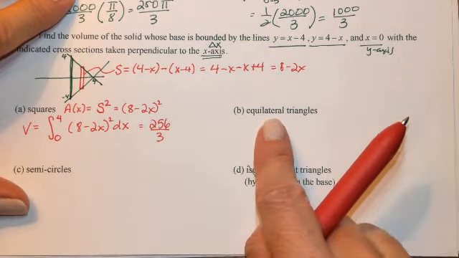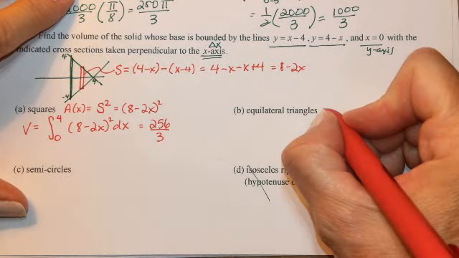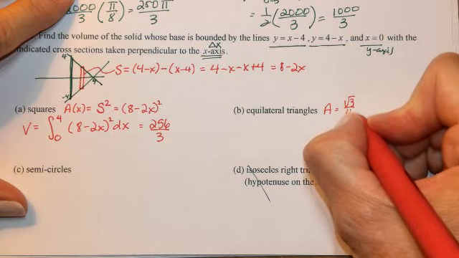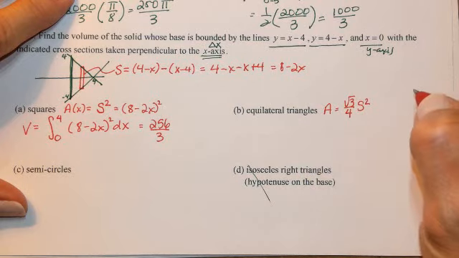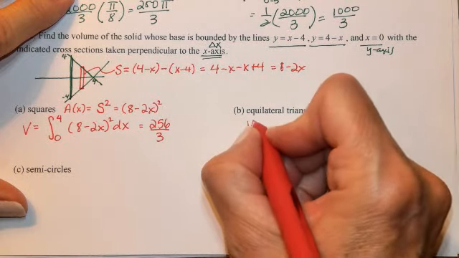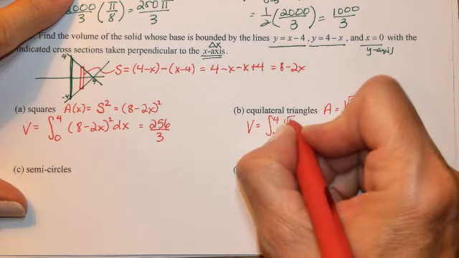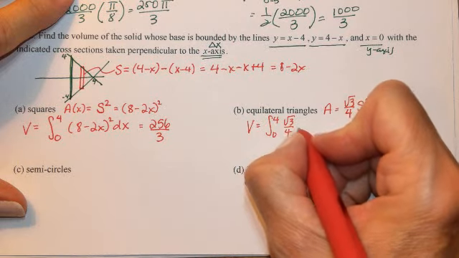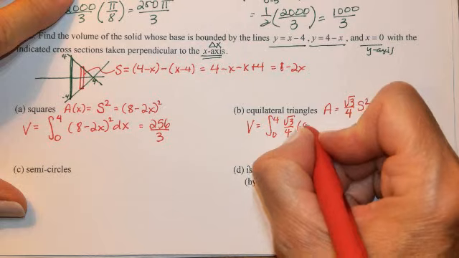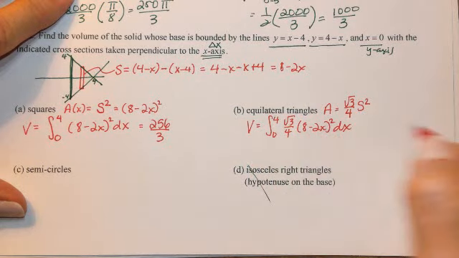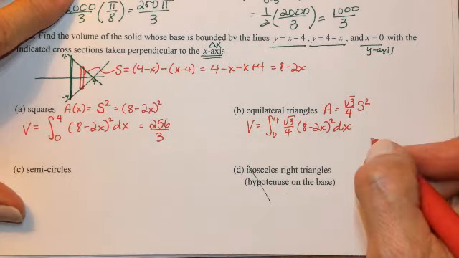What if our cross sections are equilateral triangles? Well, the area of an equilateral triangle is square root of 3 over 4 s squared, right? So the volume will be the integral 0 to 4 of square root of 3 over 4 s squared dx. I need to see your integral each time.